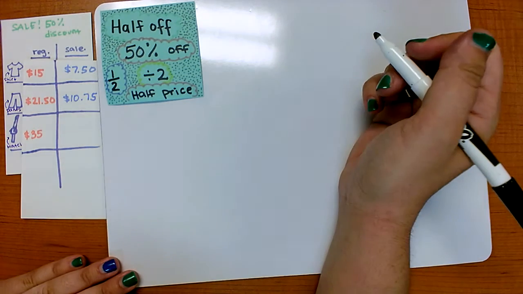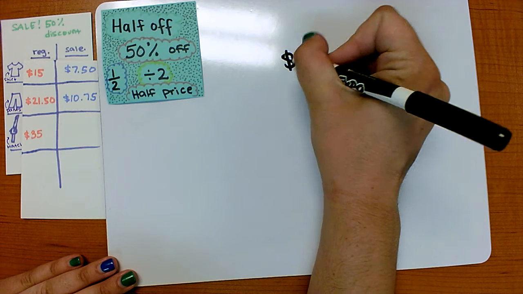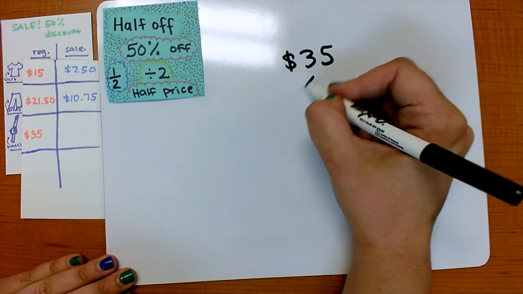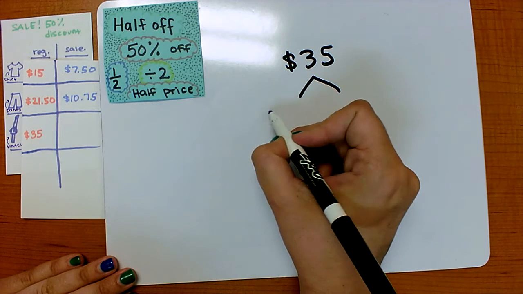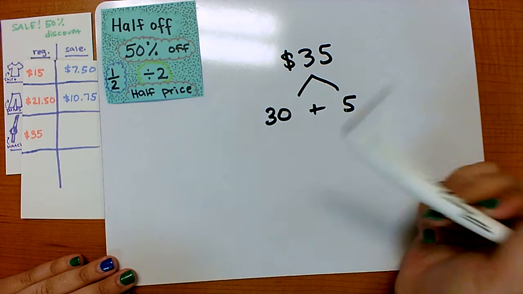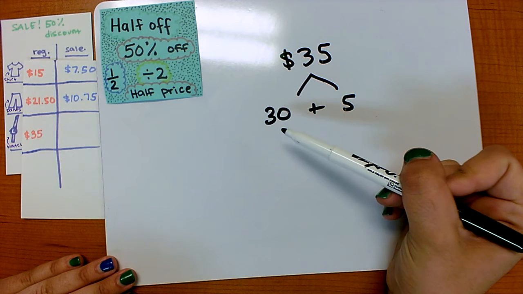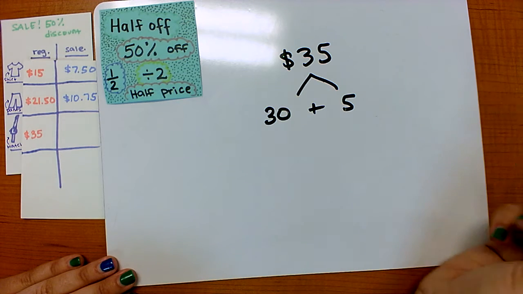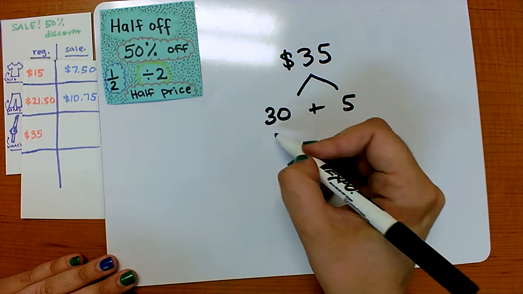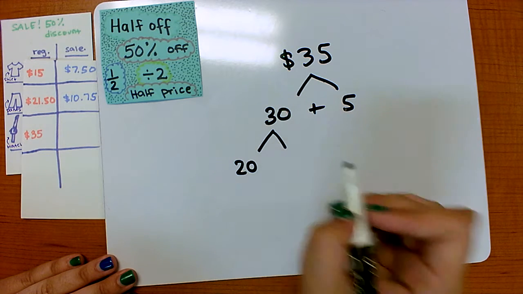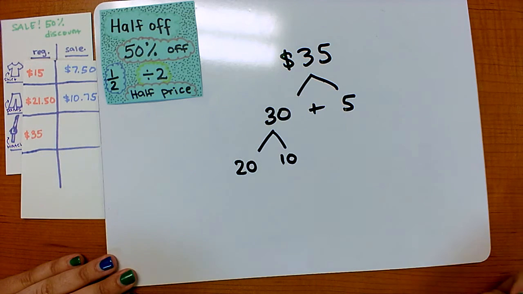And we're down to the last item, a watch for $35. I'm going to go with the oldie but goodie of splitting it into place value first. 30 plus 5. 30 is an even number, but it's not one I find half of all the time. So just to be safe, I'm going to split it into numbers that I'm super comfortable with. 20 and 10.